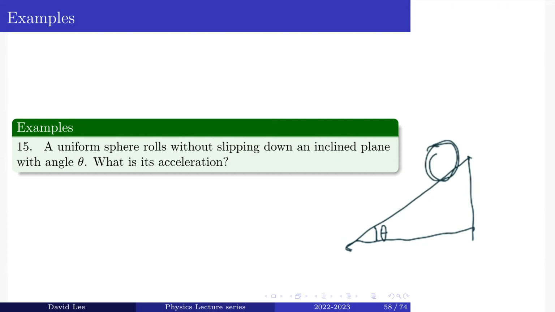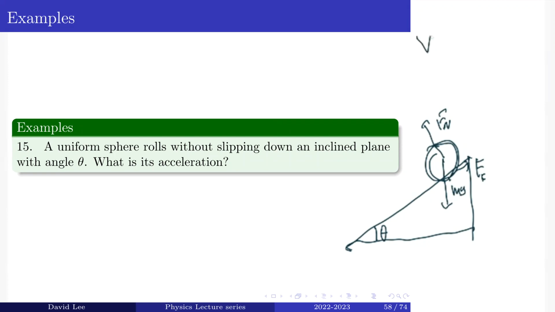First of all, it's rolling without slipping. And there has to be gravity, normal force, and also a friction force. Now, why is this? Because it's accelerating, right? So its velocity has to keep increasing.